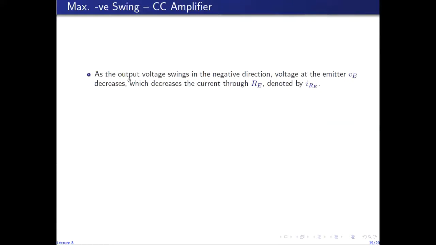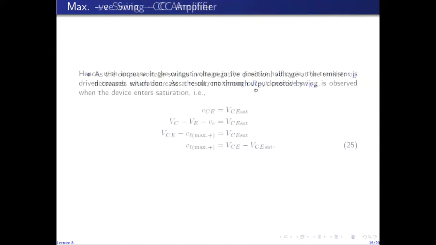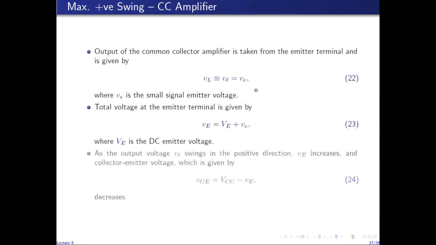Furthermore, as the output voltage swings in the negative direction, the voltage at the emitter decreases, which decreases the current through RE. So we look at the circuit again.